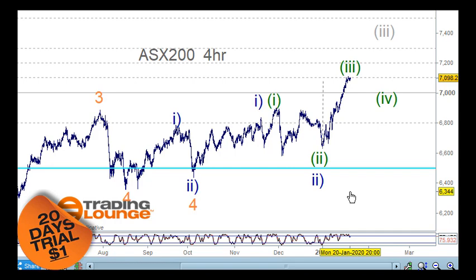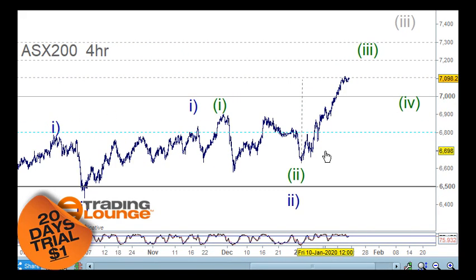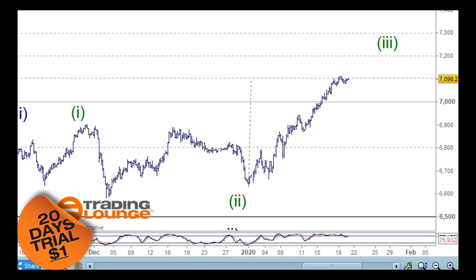Normally the wave 3 would be longer and stronger, so I still think that this has got further to go up here. I've been conservative in the count coming up through here, and we've been looking at it in a conservative way.